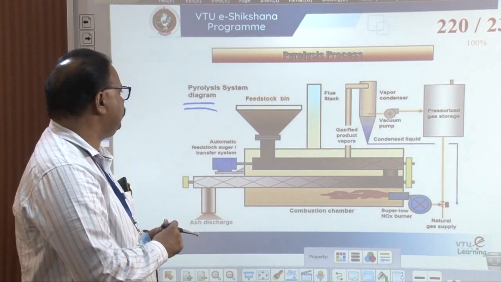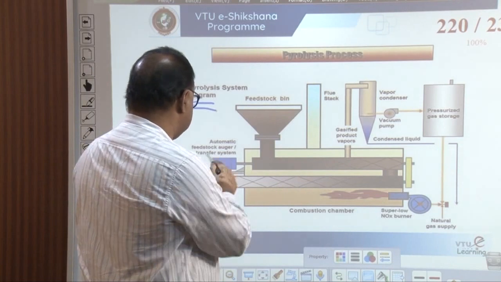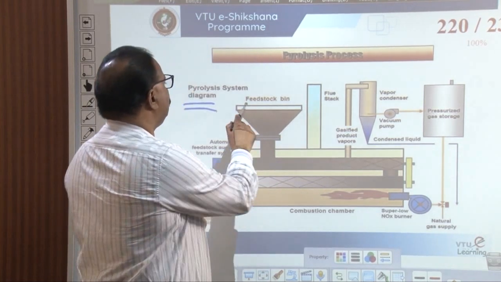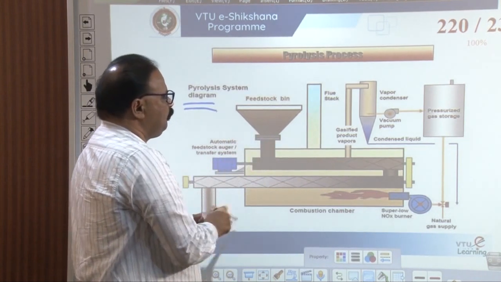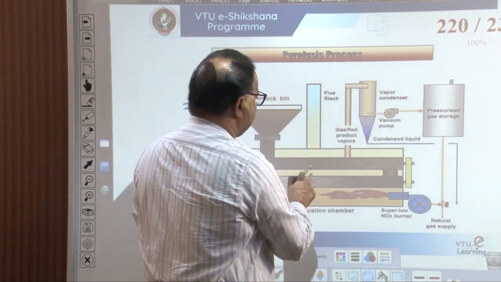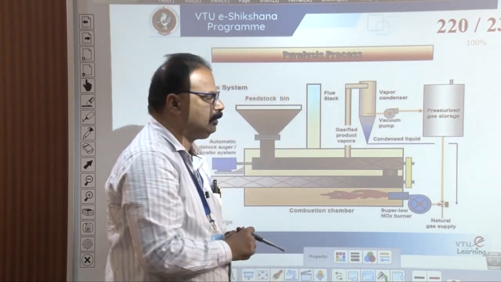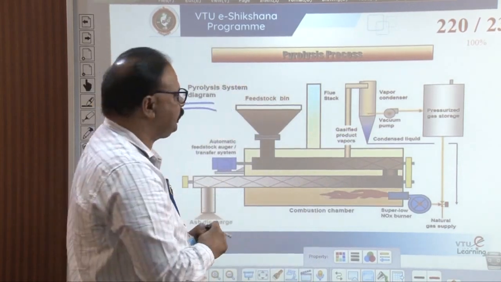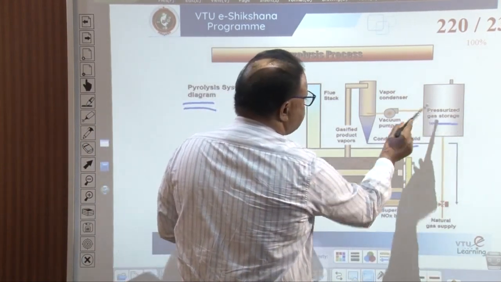From the automatic feedstock transfer system, the feedstock bin, fuel stack, fuel content, gasified product vapor, vapor condenser, vacuum pump, condensed liquid, and pressurized gas storage.